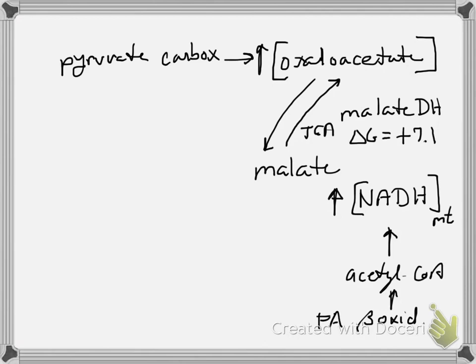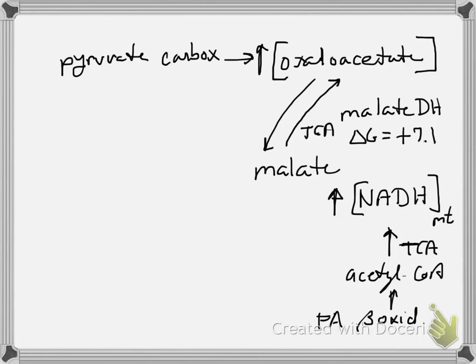Remember, we are in a fasting state in the liver. So we have lots of fatty acid beta oxidation going on, generating a lot of acetyl-CoA. The acetyl-CoA, of course, is used at our fork in the road to inhibit pyruvate dehydrogenase and activate pyruvate carboxylase, but it is also feeding the TCA cycle.